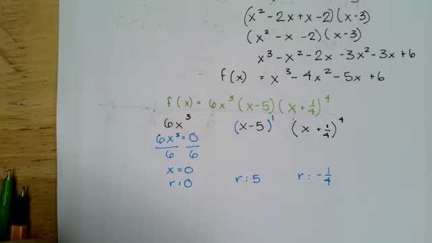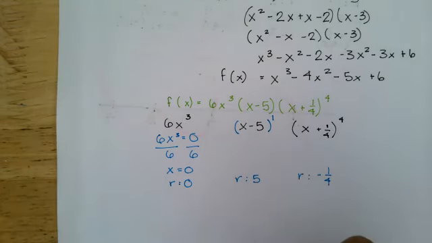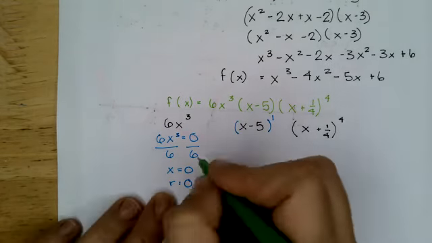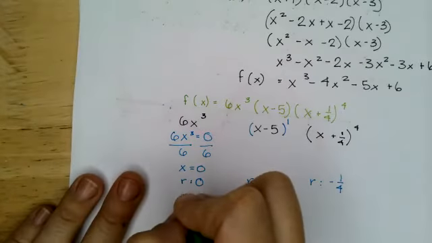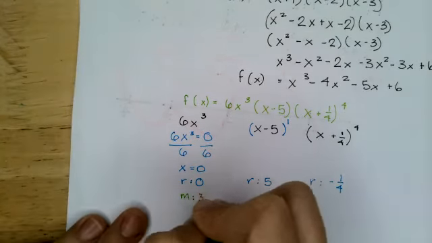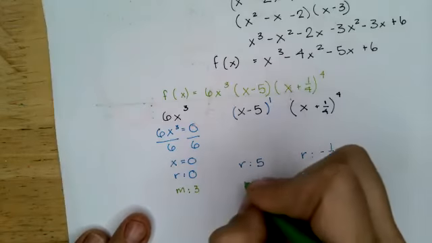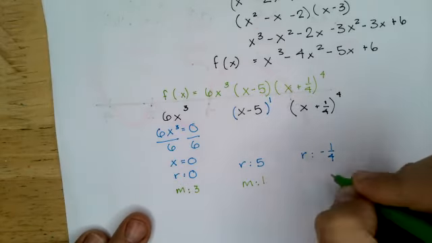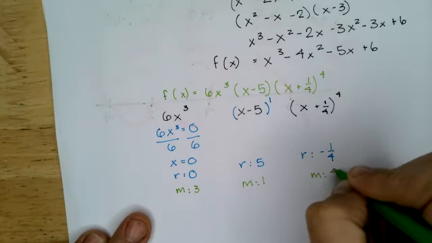What is the degree or the multiplicity of 0? The multiplicity is 3. Here my multiplicity is 1. Here my multiplicity is 4.